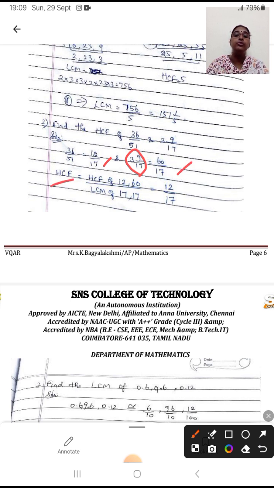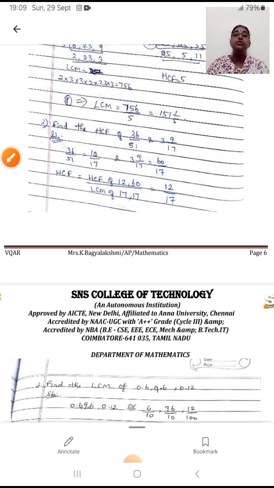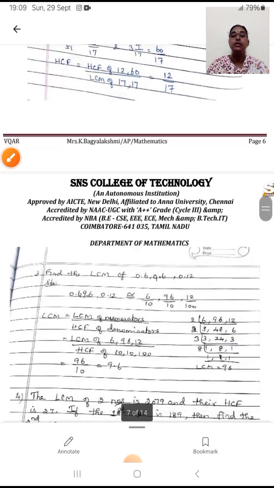We know the formula: HCF is HCF of the numerators divided by LCM of the denominators. Here the denominators are 17, so LCM of 17 is 17, and HCF of 12 and 16 is 12. So 12 by 17 is the answer. Easily, using this formula you can calculate.